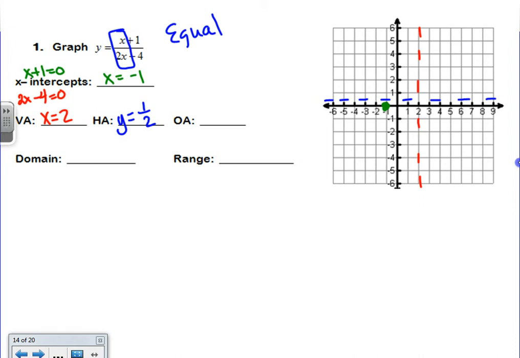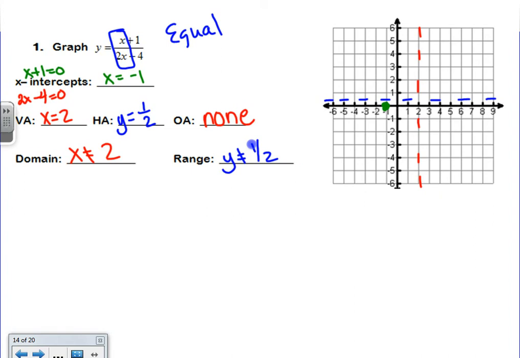Now, since it was not top heavy, there is no oblique asymptote. And we can fill in the domain and range pretty easily. The domain, from our asymptote, x cannot be 2. And our range, because of our horizontal asymptote, y cannot be 1/2.